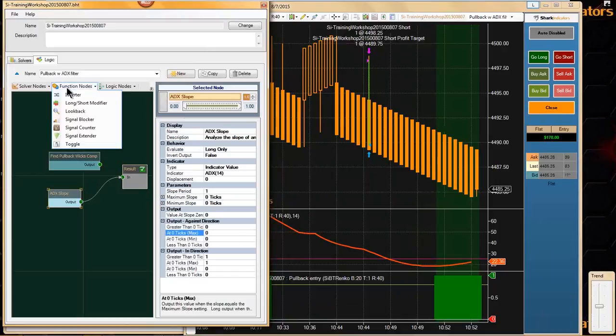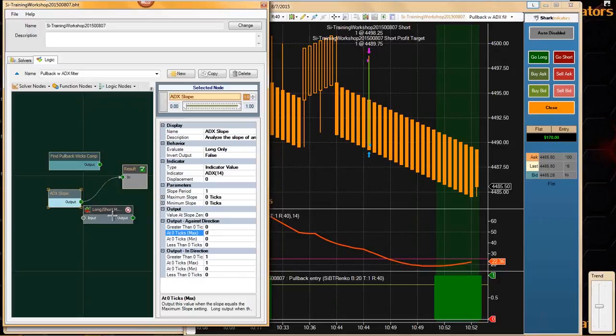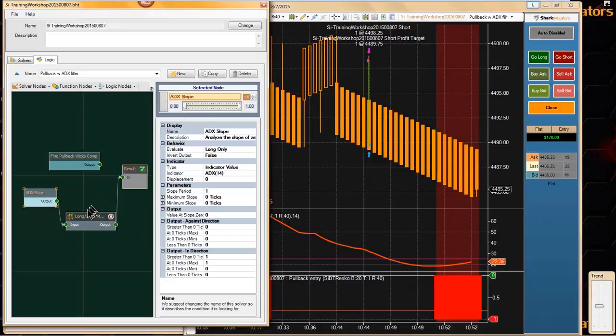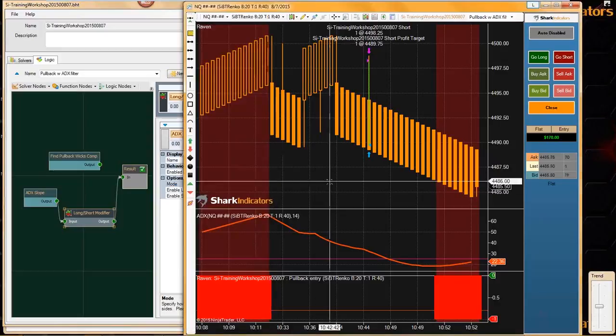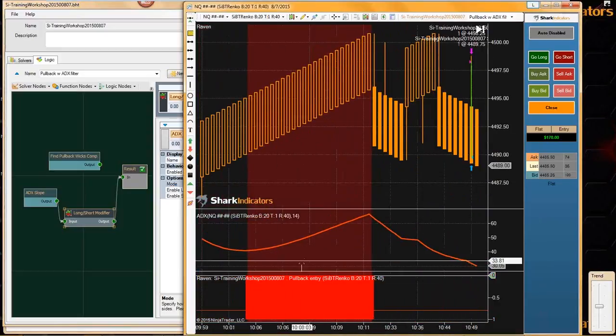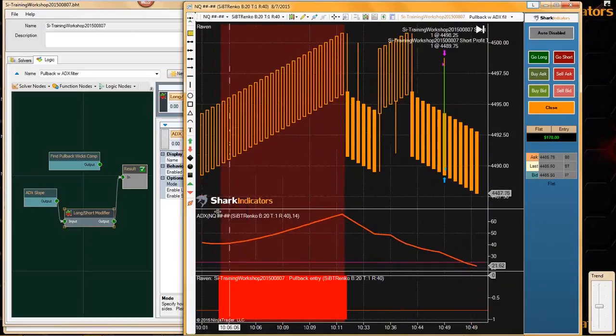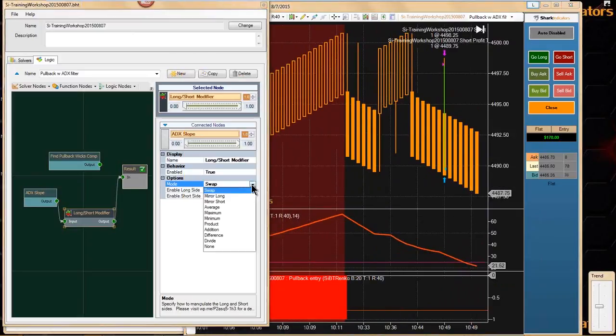All right, so next I'm gonna use a function node. So I'm gonna put that ADX slope solver through a function node, and you can see right now the default mode is set to swap. You can see it reversed our long output to a short output, but what we want is to mirror the long output.